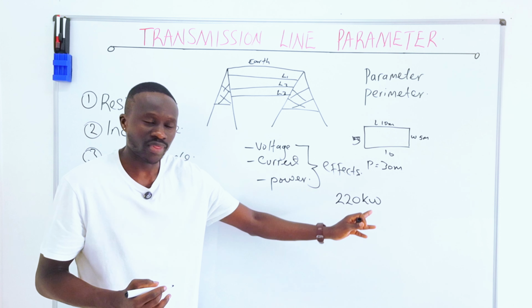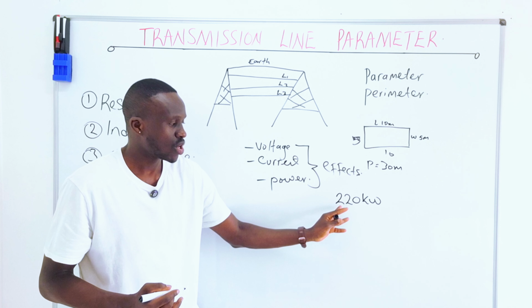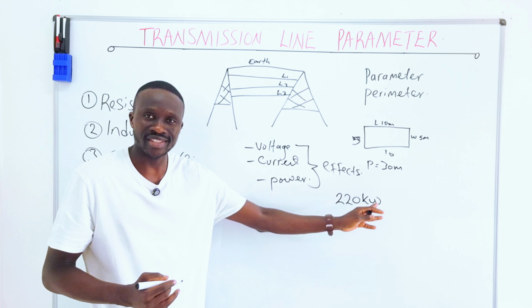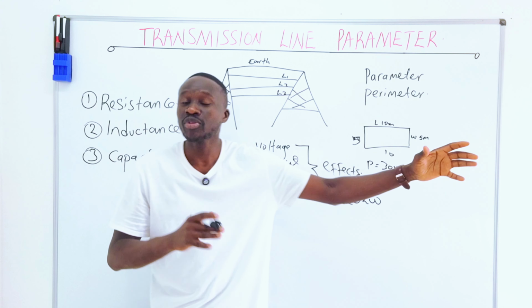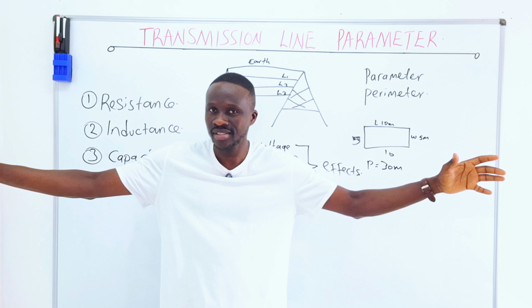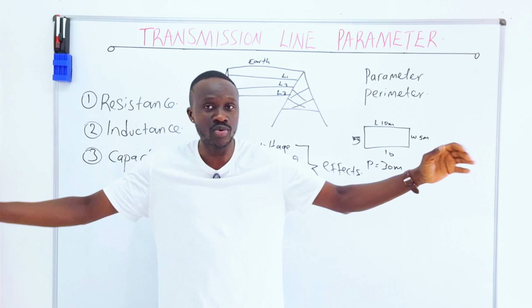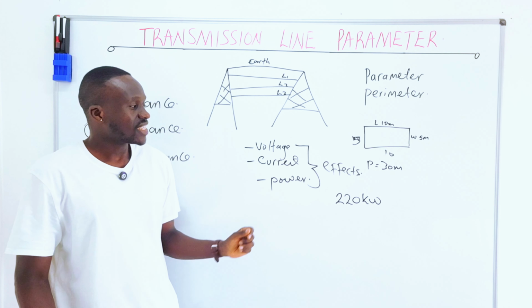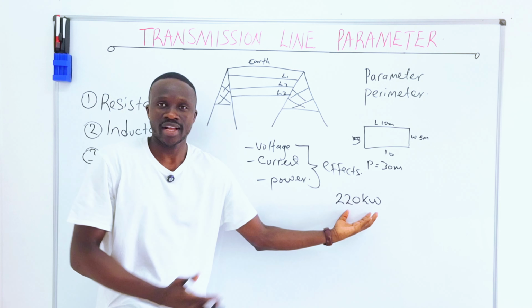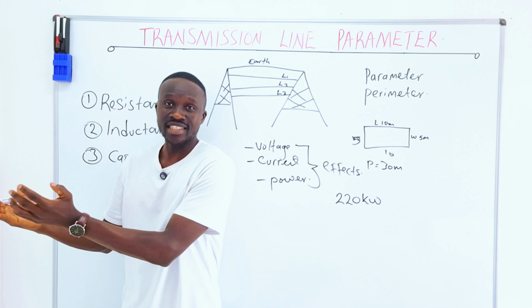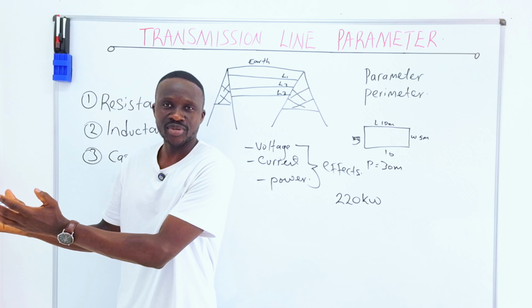K is 1,000, meaning this is 220,000 watts. You want to transmit this from the eastern side of the country to the western side. There are some things you need to do so that all this power is carried and taken to the western side of the country.